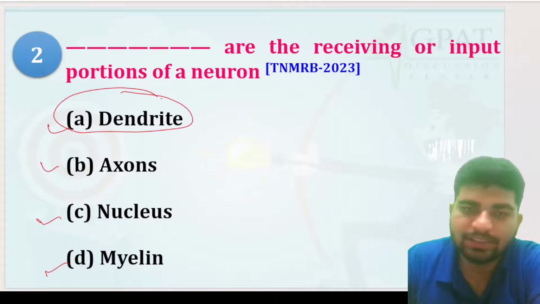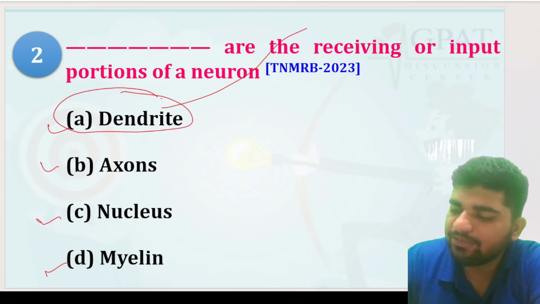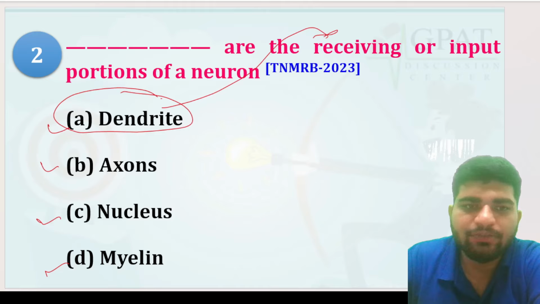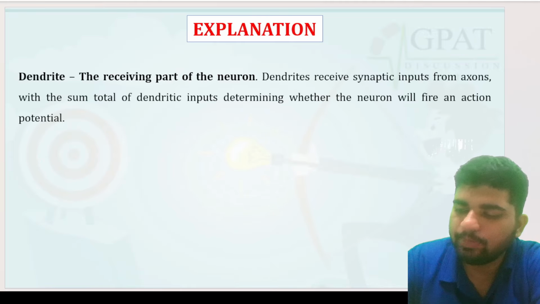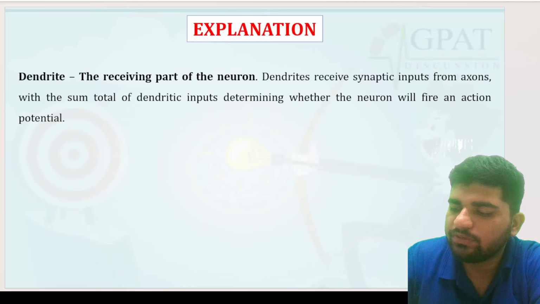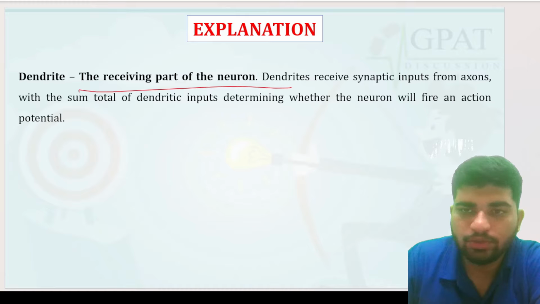The dendrites are the receiving, input portions of a neuron.